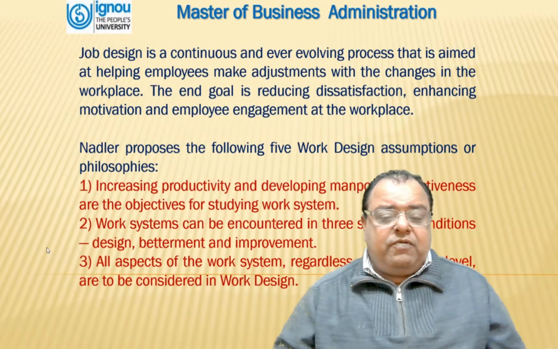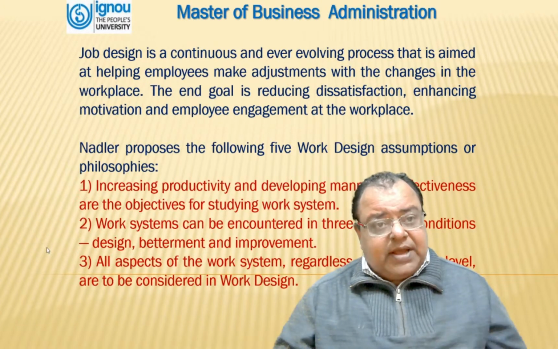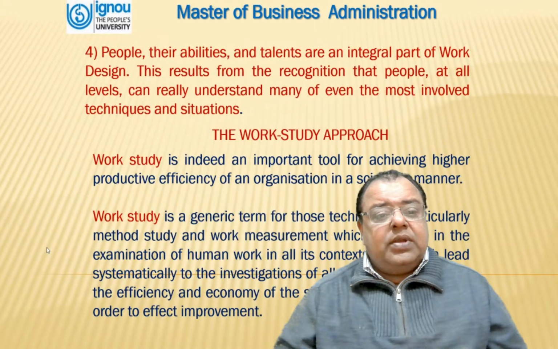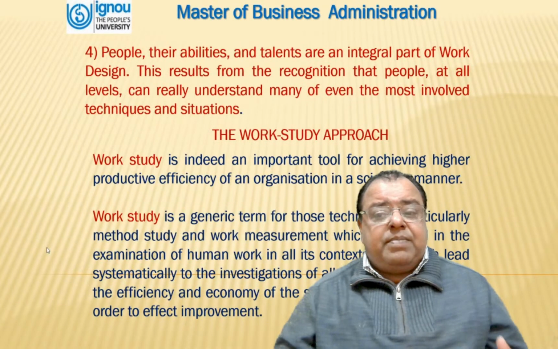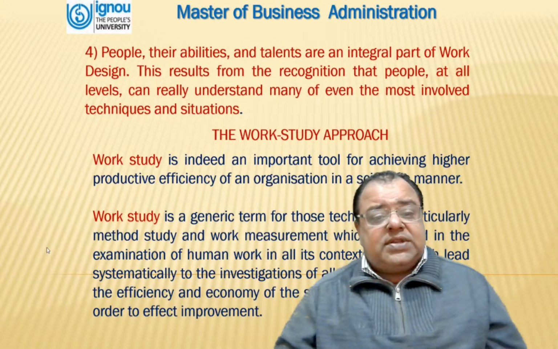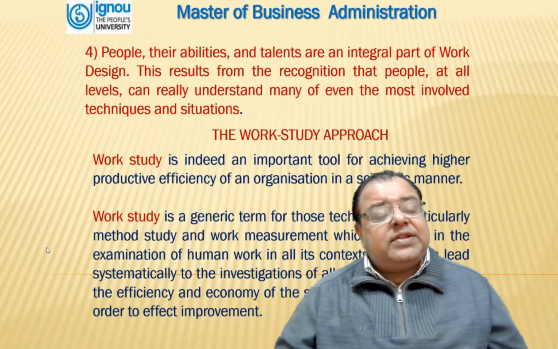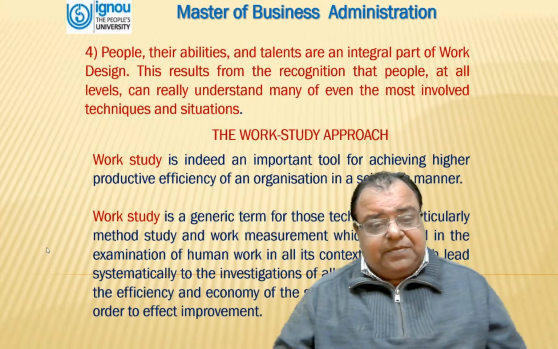All aspects of the work system, regardless of the system level, are to be considered in work design. People, their abilities and talents, are an integral part of work design. This results from the recognition that people at all levels can really understand many of even the most involved techniques and situations.